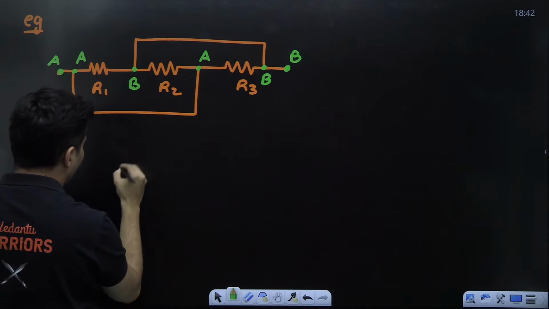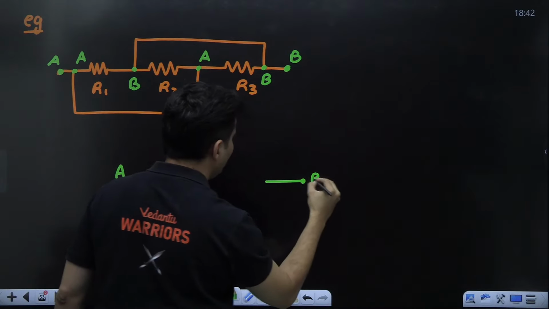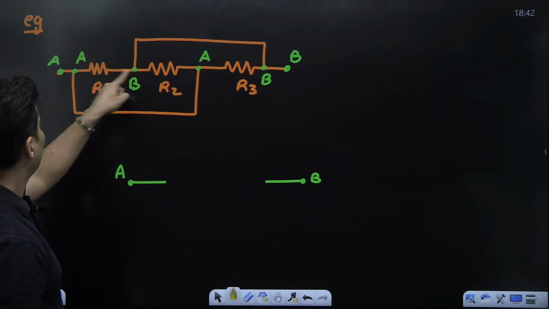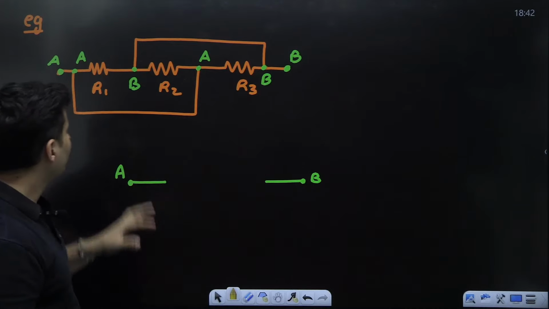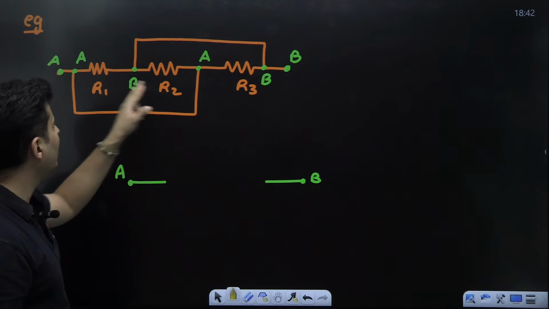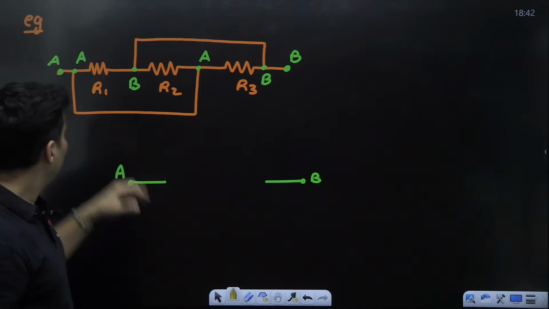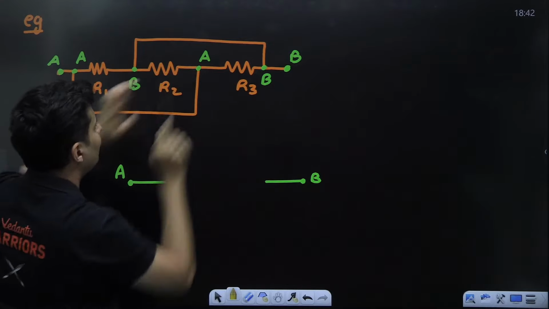Now just think about it. If I start from A versus from B, A is connected to R1, A is also connected to R2, A is also connected to R3, and B is also connected to R3, R2 as well as R1. For R1, R2 and R3, the voltage difference is VA minus VB, VA minus VB, VA minus VB.